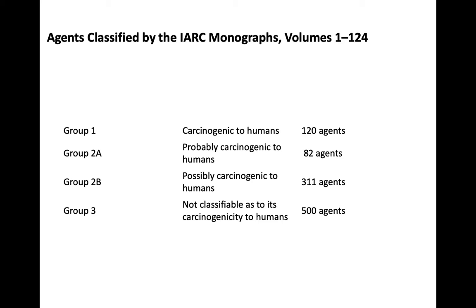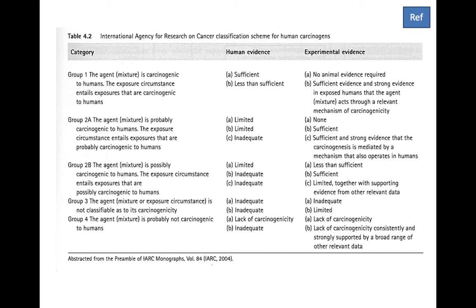Group 1 is carcinogenic to humans. Group 2A, probably carcinogenic to humans. Group 2B, possibly carcinogenic to humans. And group 3, not classifiable as to carcinogenicity in humans. This is a more enhanced table with the same groupings, comparing human and experimental evidence. I'll leave this here for reference.